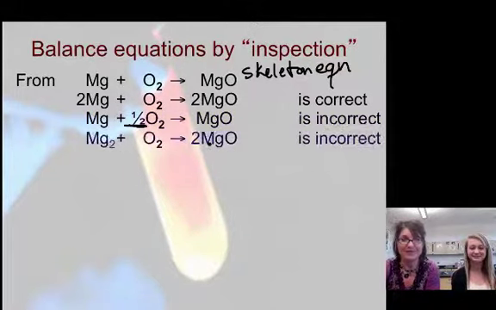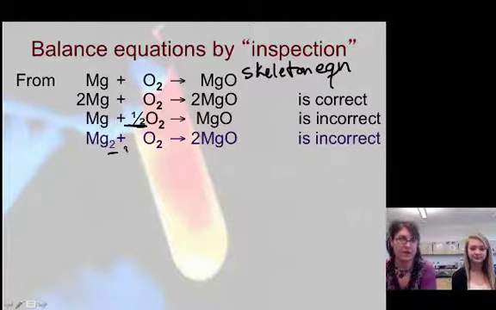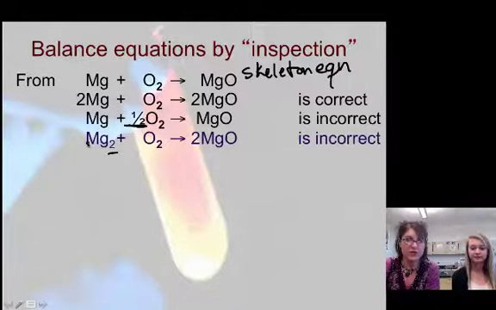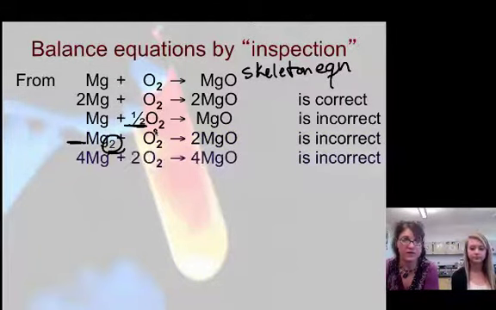Okay, then what if I put a subscript down here? Is that allowed? No, you can't add subscripts. Exactly. We can put coefficients out in front, but we can't change numbers back here because that changes the identity of the substance. Okay, how about this one? What if I had 4 magnesiums, 2 oxygen molecules, and then 4 magnesium oxides?